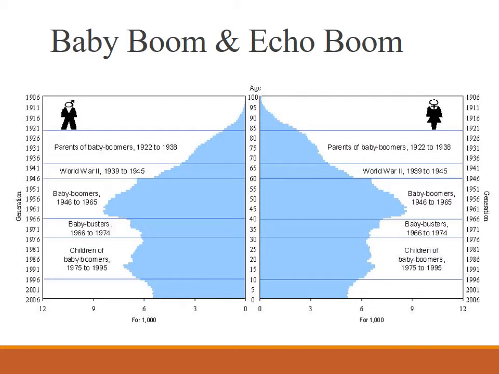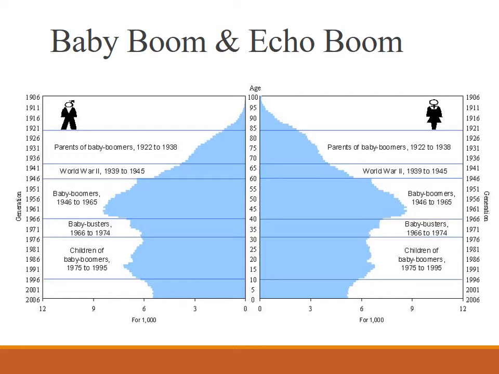The dip you see right after them, the baby busters, reflects what is called a baby bust, when fewer babies are born as that boom passes, right? As whatever emotions or feelings or reconnection or economic conditions encouraged people to have these larger families, that drops off after a while, and that is called a baby bust.